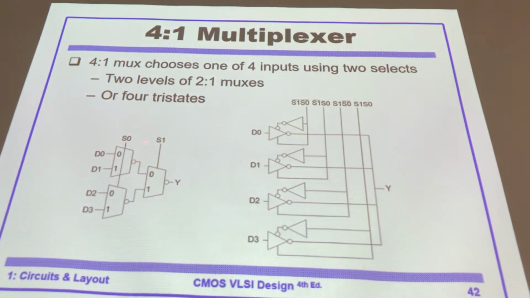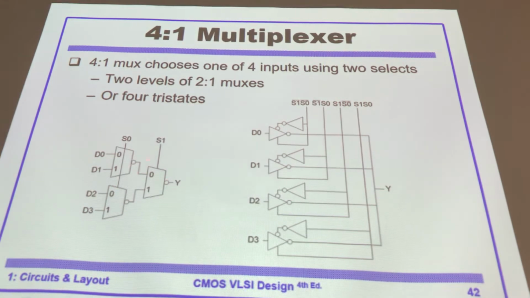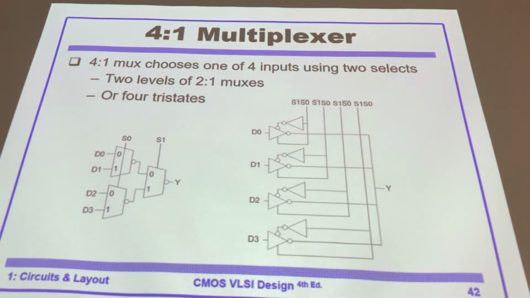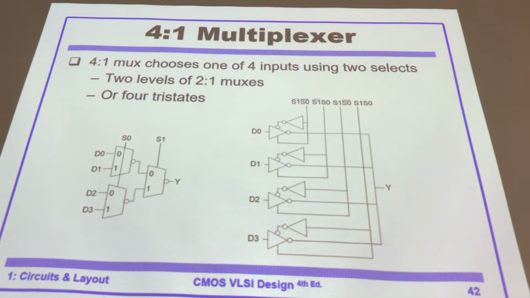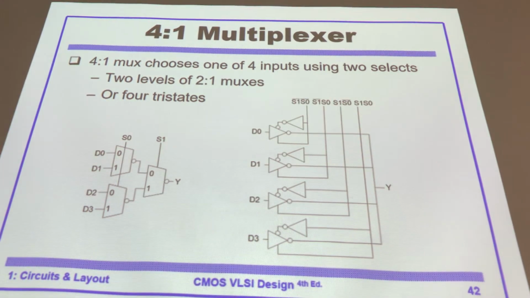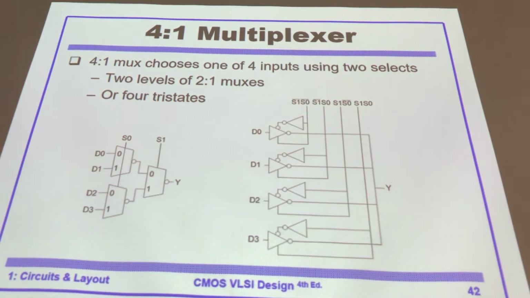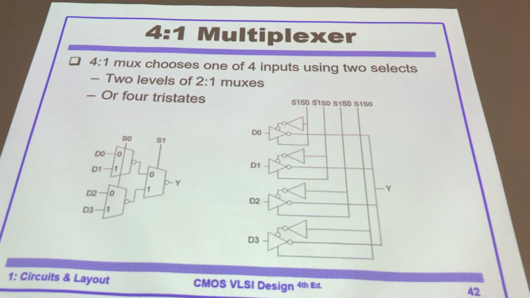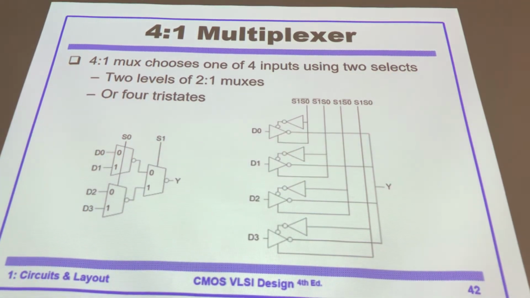A negative times a negative gives a positive: this stage has a bubble, this one has a bubble, and it returns to a normal output. So it's just like there's no bubble here, right? But we like inverting multiplexers because they are simpler, because of the negative Boolean function.